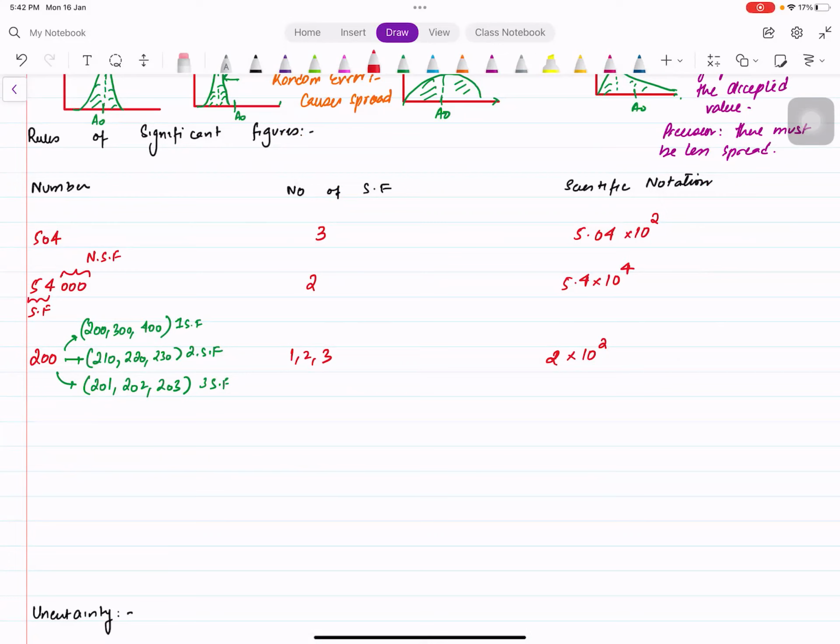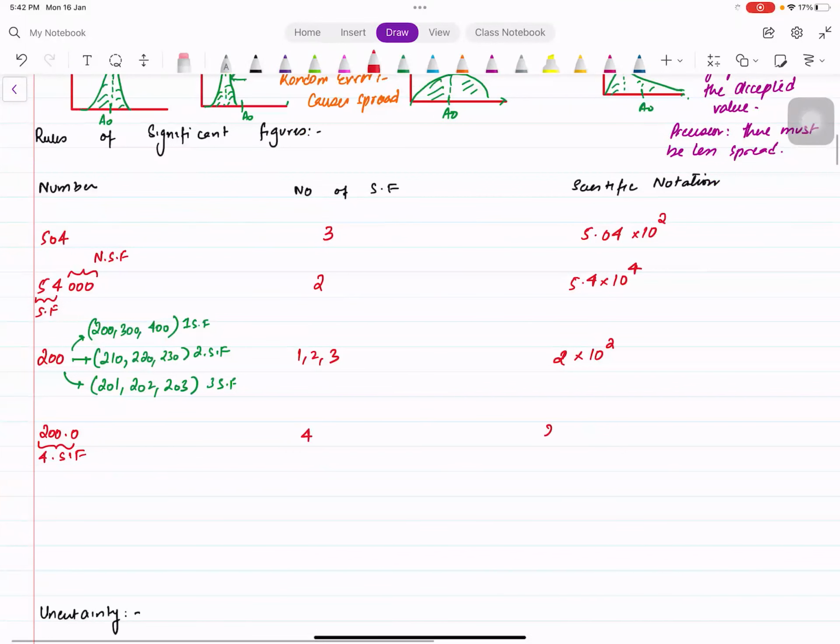So in case the examiner gives you 2.000 times 10 squared, automatically you should understand that he has put a 0 here for a purpose, which means he wants to tell you that all of these are significant figures. So it has 4 significant figures, and you should write it as 2.000 times 10 raised to power 2.